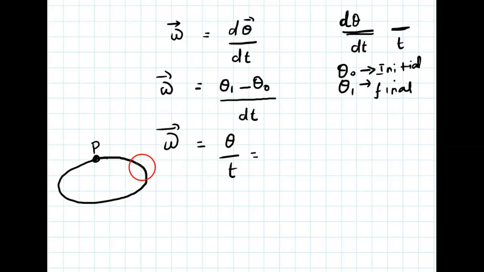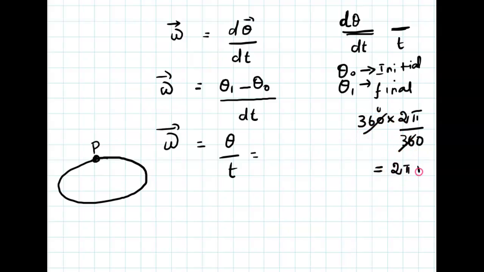One complete revolution is 360 degrees. If you multiply by 2 pi divided by 360, you will get your answer in radians.